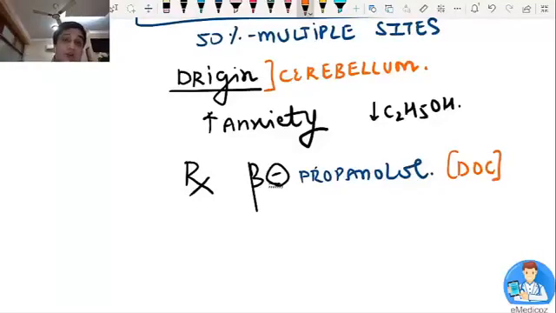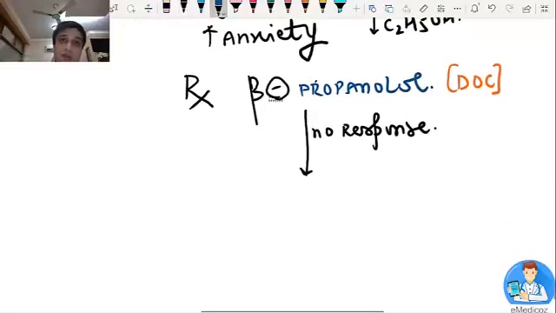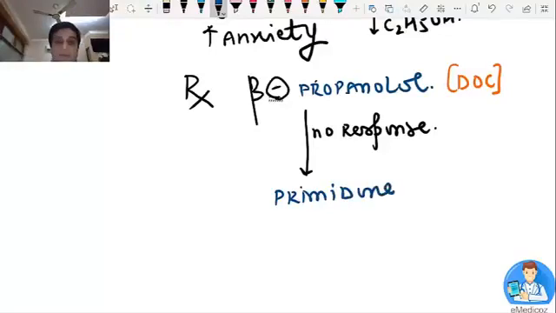But if propranolol is not working, that means the patient on propranolol therapy has got no response, then we go with another old anti-epileptic agent. This name is primidone. Okay.